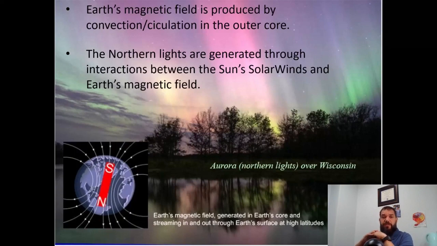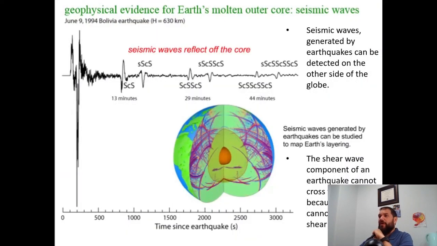It protects us from the really nasty ionizing radiation generated by the sun. So again, we probably wouldn't have had the same kind of development of life on Earth if it wasn't for our liquid outer core and its generation of the magnetic field. It's an extremely important part of Earth, and probably you've never even thought of it before.